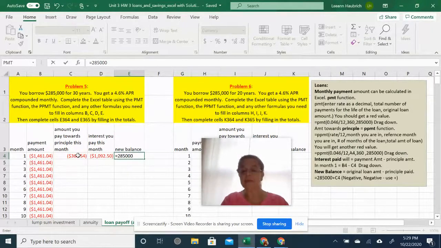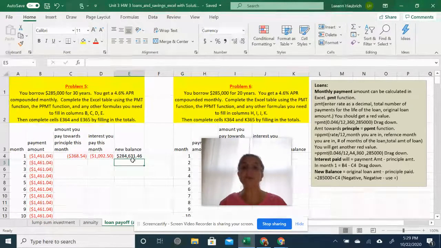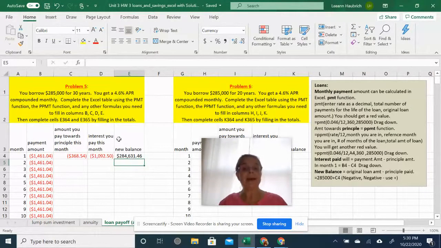This is a little tricky, but I have to hit plus the amount in this box, hit enter. And you know it's $284,631.43. That is the original loan amount minus the principal.